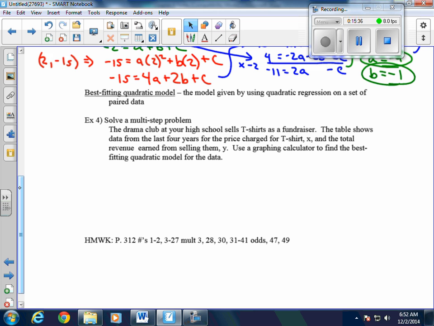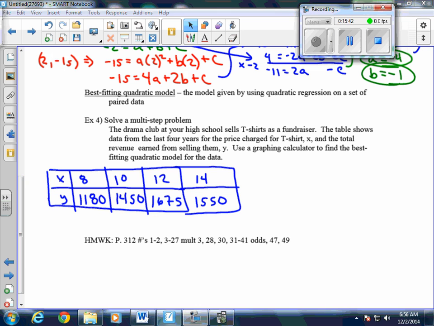Here is the table that we're going to use to put our data into our graphing calculator. X represents the price of the t-shirts, and Y is how much we earn for selling them. So pull out your graphing calculator, and we're going to put this into our lists.